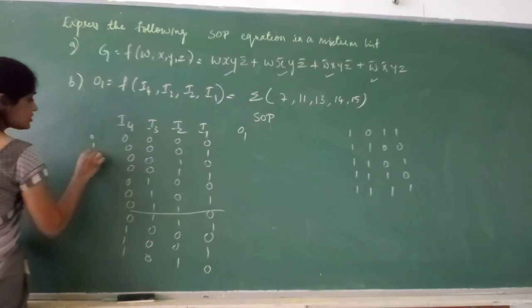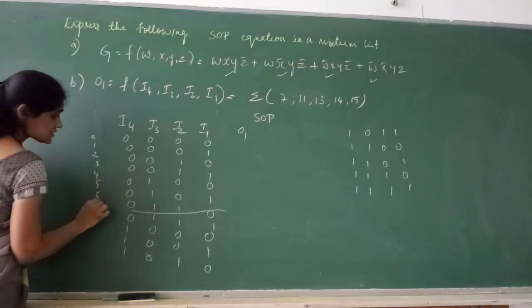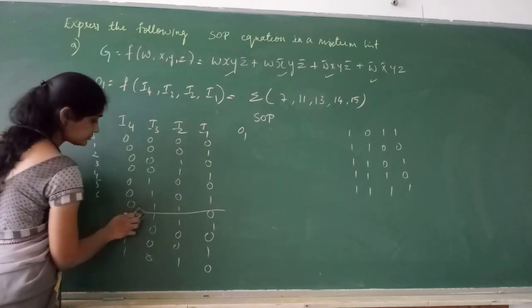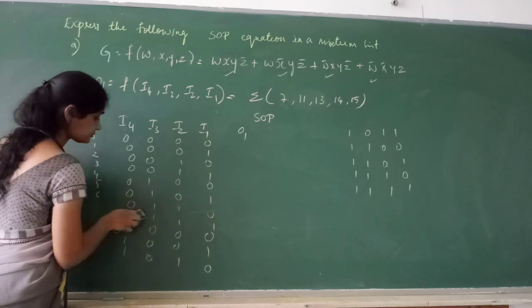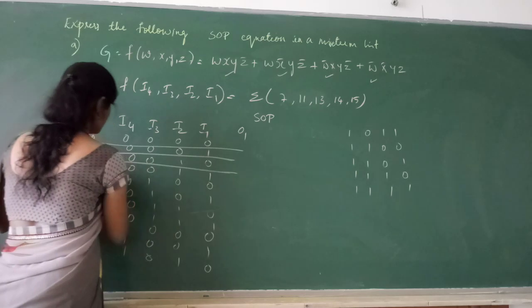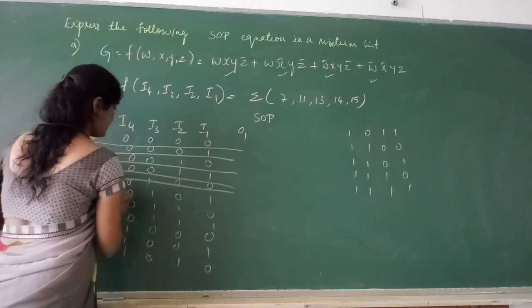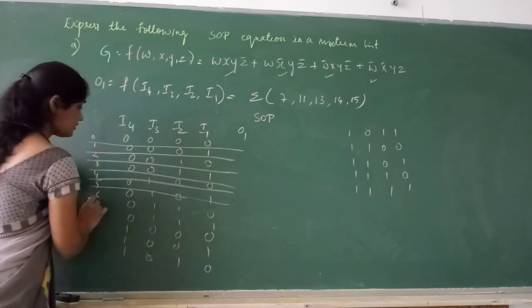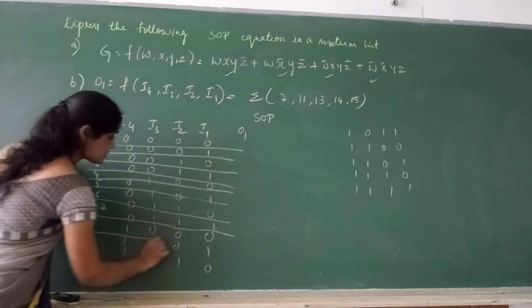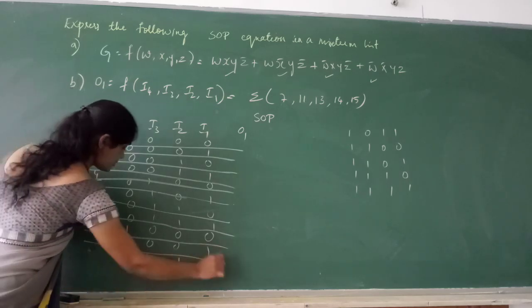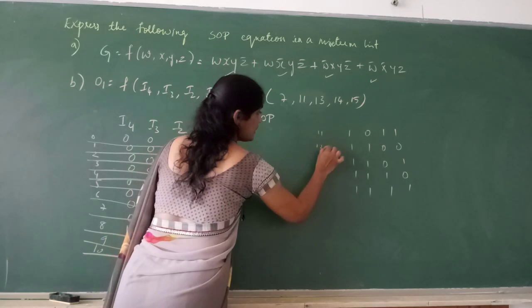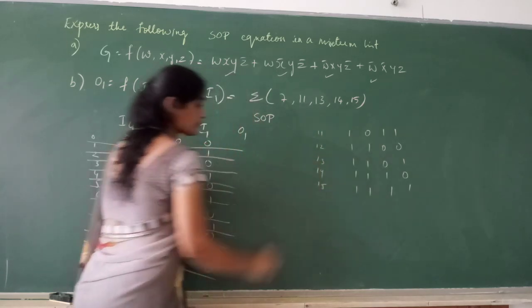So this is 0, 1, 2, 3, 4, 5, 6, 7, 8, 9, 10, 11, 12, 13, 14, 15.